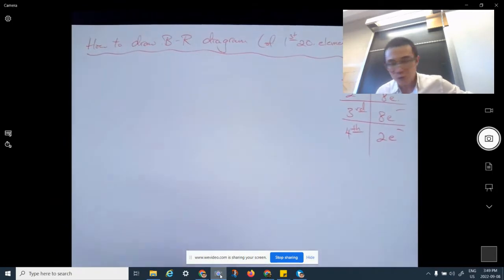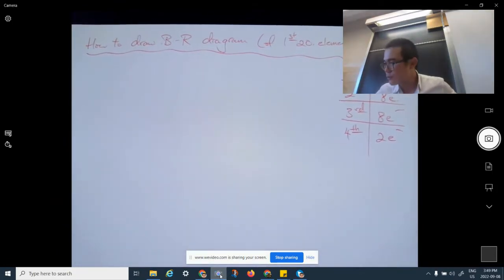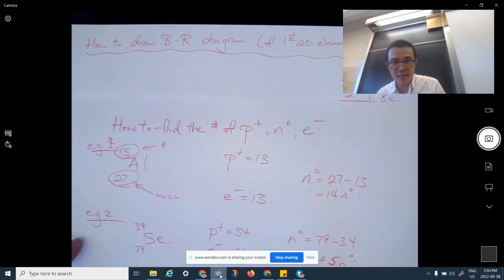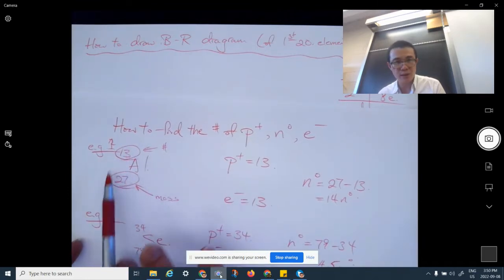First of all, you do need to know how to find the number of protons, neutrons, and electrons. I'm going to use one of the examples from before, the aluminum one.